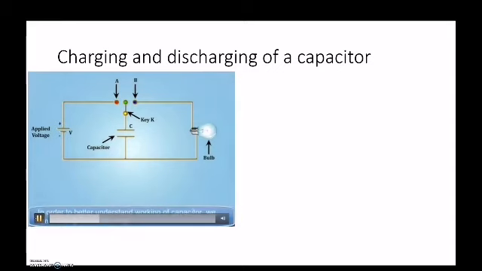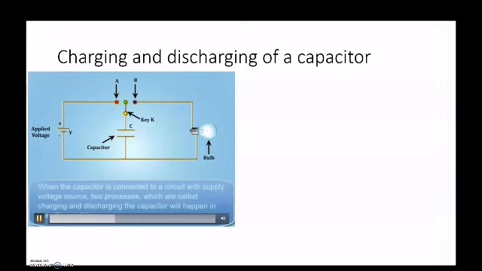In order to better understand the working of a capacitor, we have an experimental setup. In this experimental setup, we can see how charging and discharging processes will perform in the capacitor. When the capacitor is connected to a circuit with a supply voltage source, two processes, which are called charging and discharging the capacitor, will happen in specific conditions.